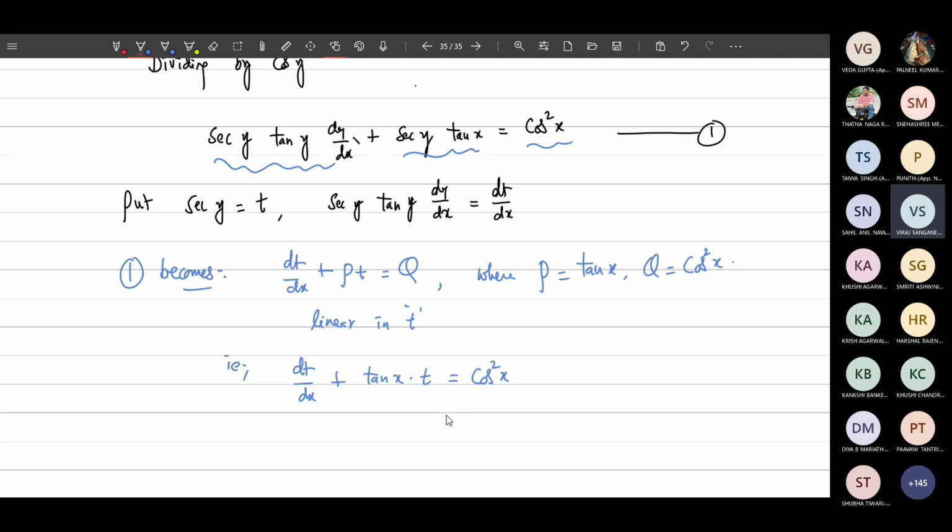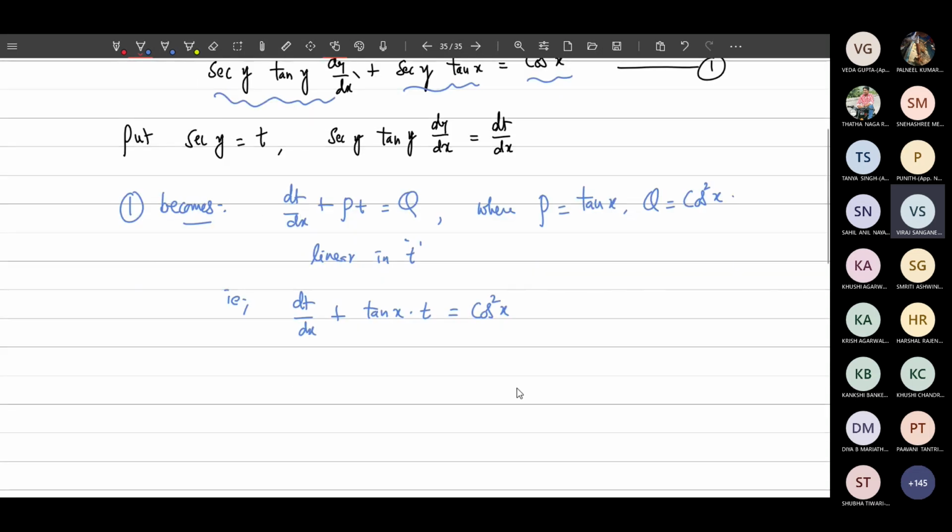P and q are functions of x. So the integrating factor is e to the power of integral p dx, e to the power of integral tan x dx, and this is e power log secant x, which is just secant x.